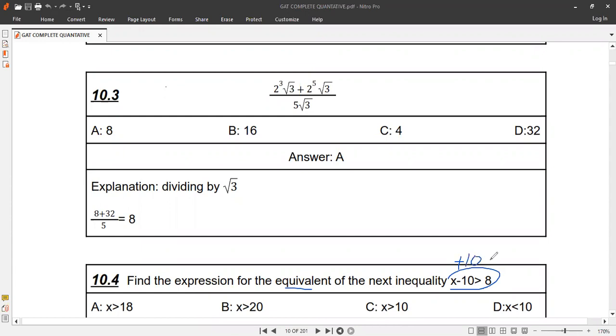If you add 10 to both sides, x alone is greater than 10 plus 8, which equals 18. So x is greater than 18. The answer is A. This is a very simple question, but we need to know this kind of question just in case.